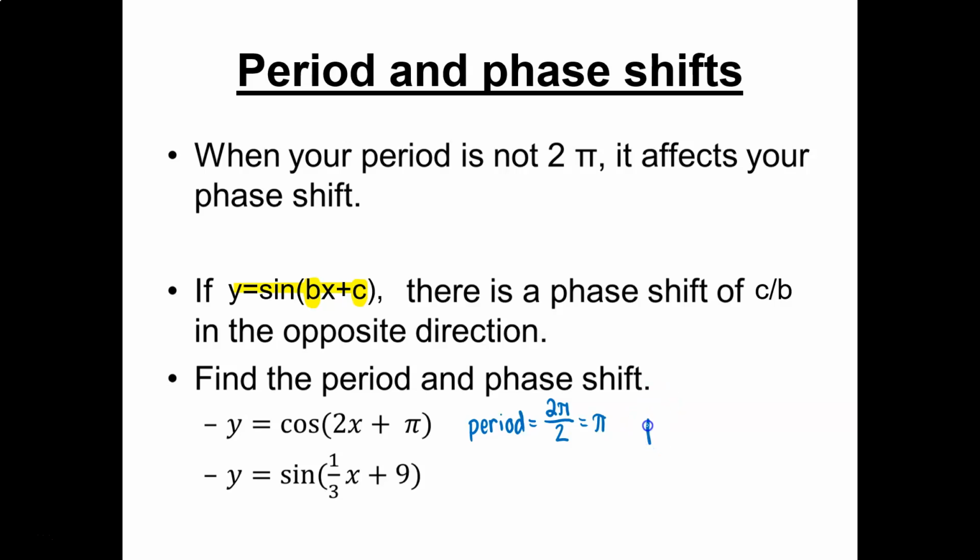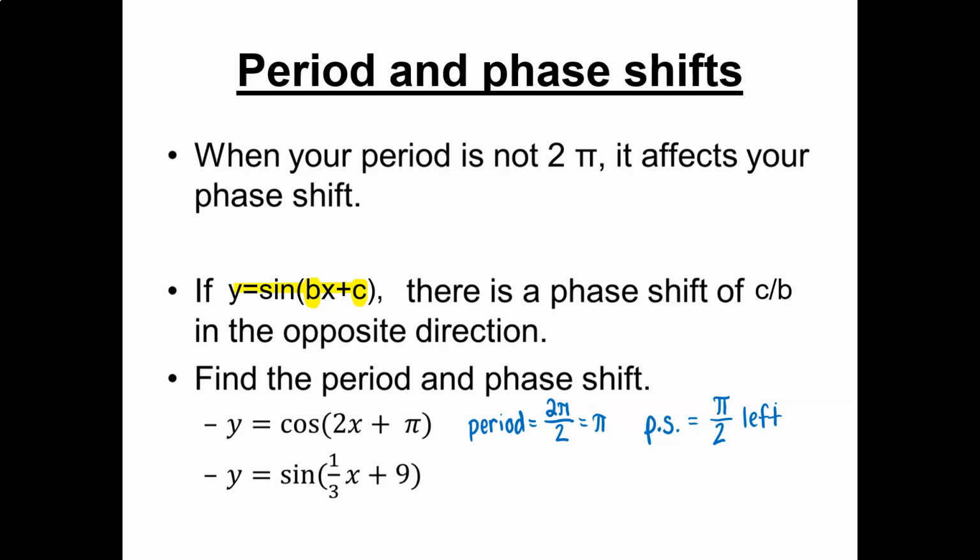The phase shift, I'm going to use a PS here so I don't have to write it out. My phase shift is going to be C divided by B. All right, so the C is the number that's added or subtracted. So that's pi. And then we divide it by B, which is the number in front of our X, which is 2. And since I have a plus sign here, it's going to be to the left.